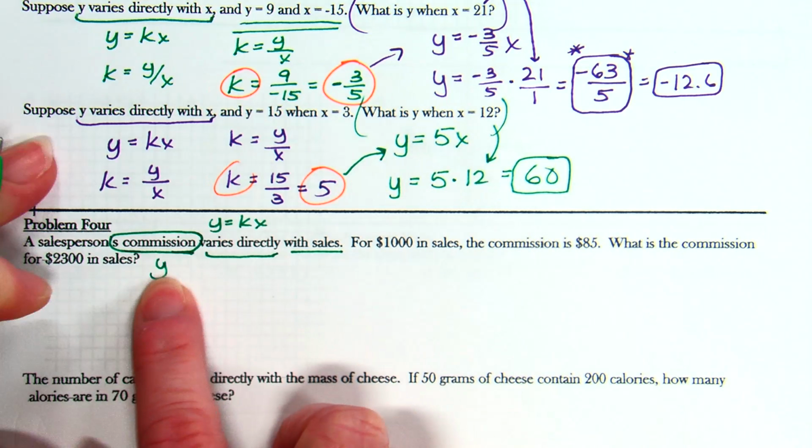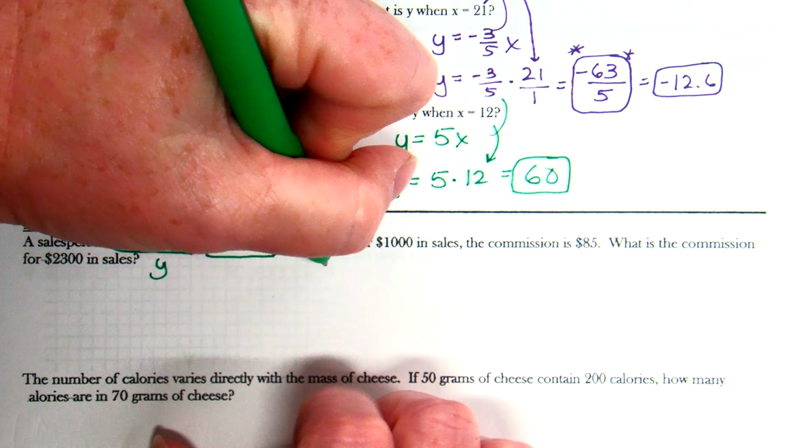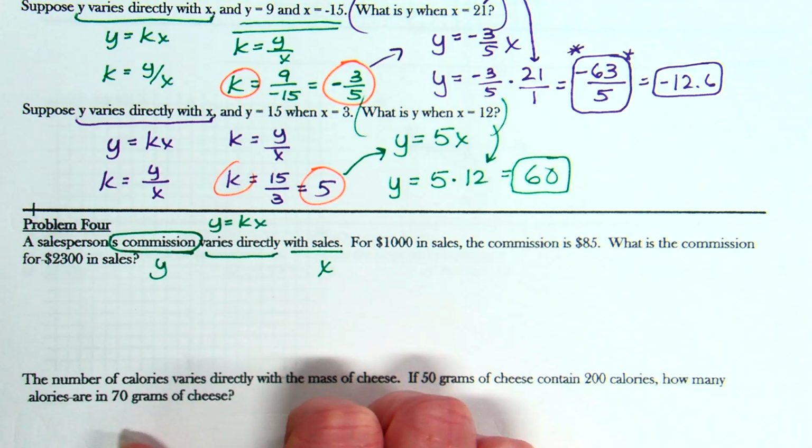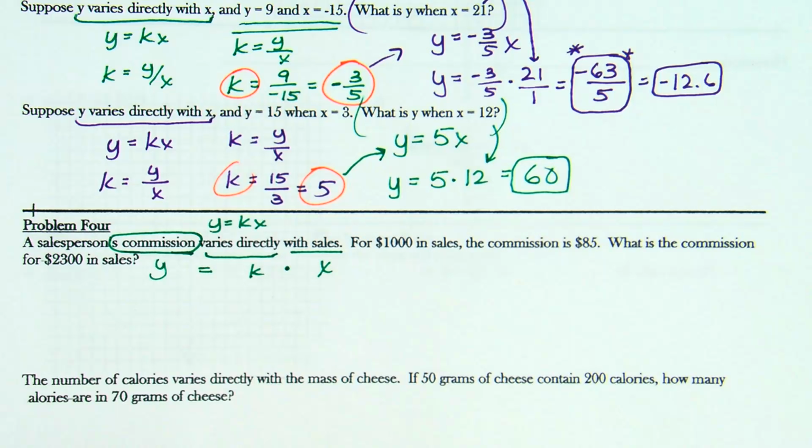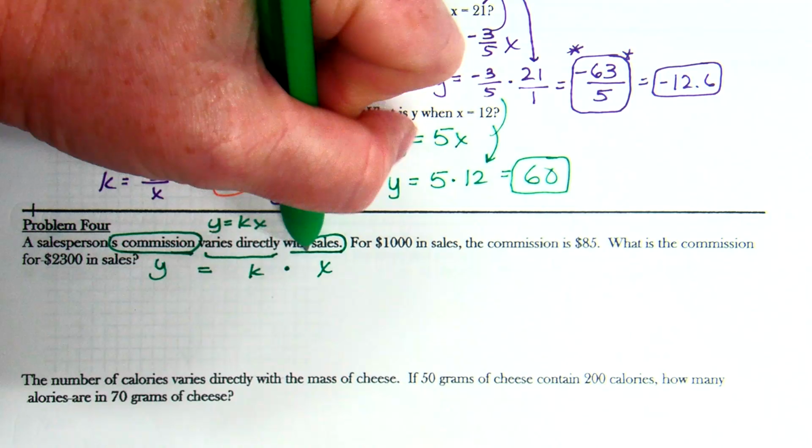We're going to use y, because it's y varies directly with x. In this case, x is sales. So what we're thinking here is y equals k times x. And the key is that commission is going to be my y value, and sales are going to be my x values.